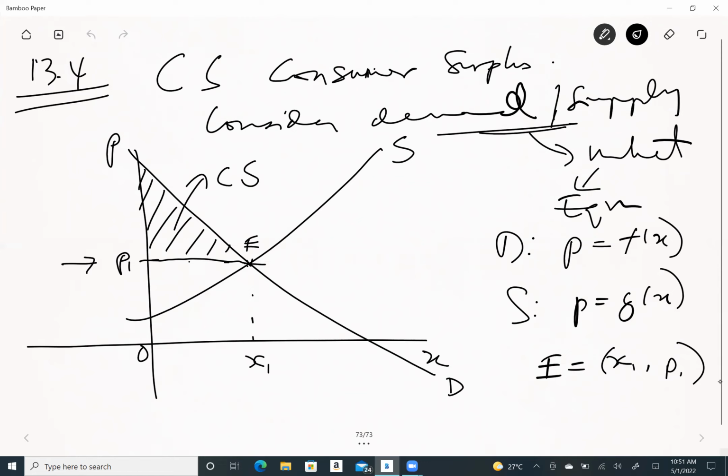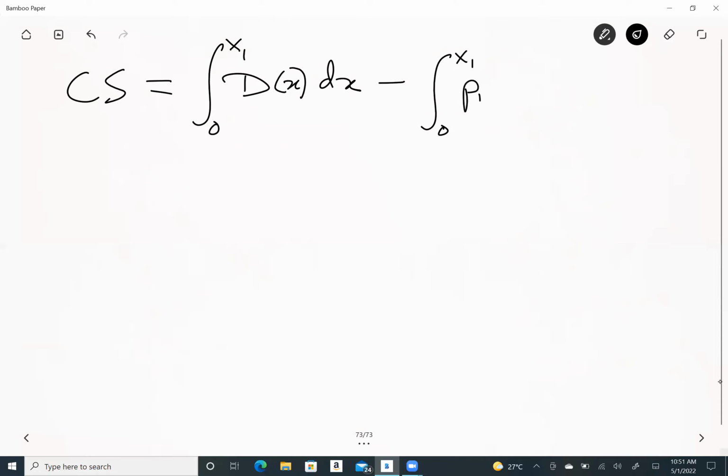Okay, so consumer surplus is equal to the area from 0 to X1 under the demand function. But you have to take out the same area from 0 to X1 under the market price, P1.